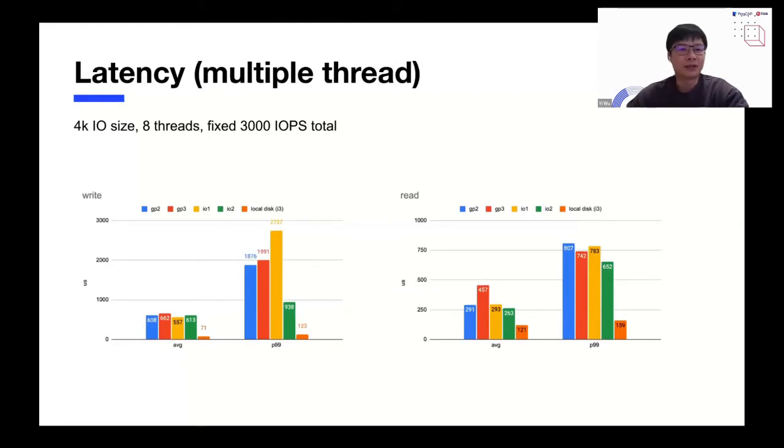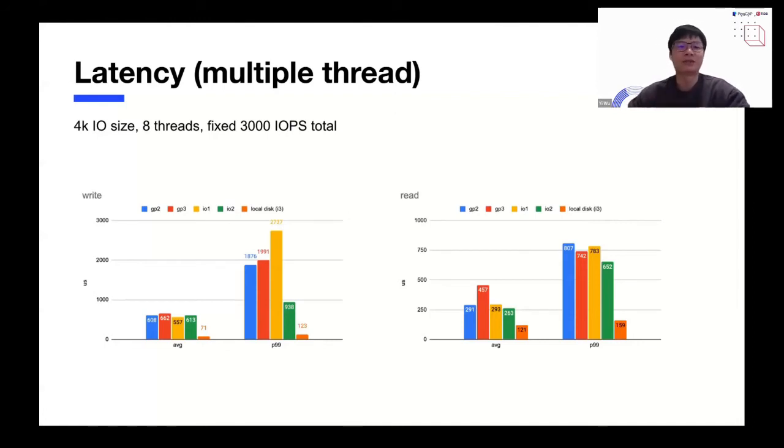Here is another benchmark with multiple threads, again with 4K IO size and 3000 IOPS in total, and the local disk outperforms all the EBS volume types by several times in terms of latency. Looking at this benchmark, you may think that EBS performs poorly, and if we run TiDB on EBS, we will end up with very poor performance.